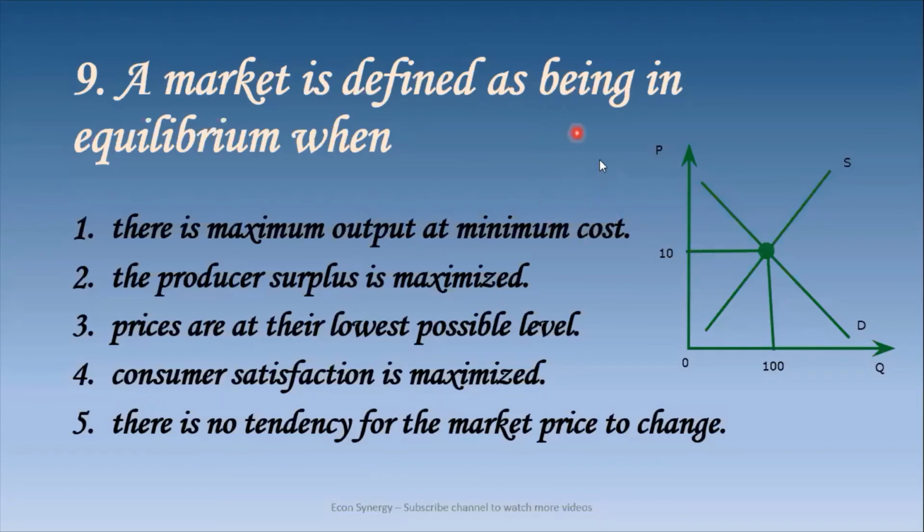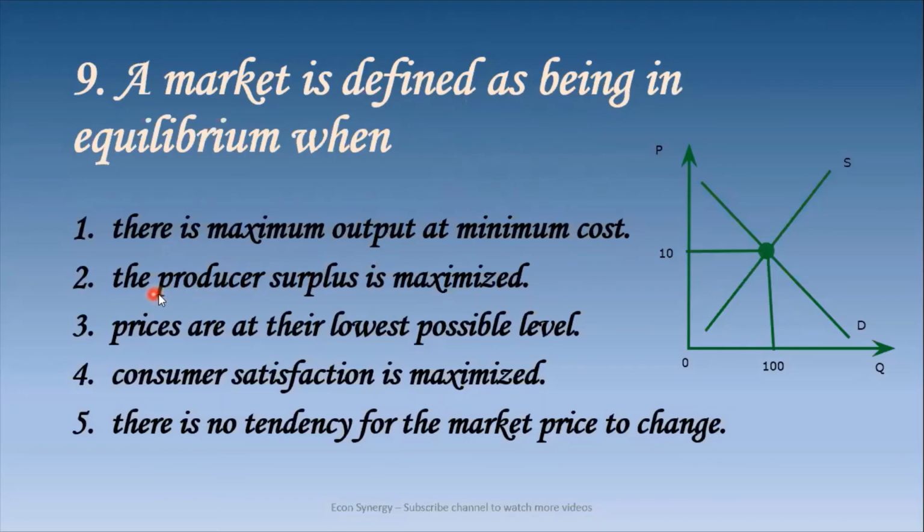Now here they are asking the meaning of market equilibrium. A market is defined as being in equilibrium when there is maximum output at minimum cost. Maximum output at minimum cost means it is productive efficiency, not the market equilibrium.